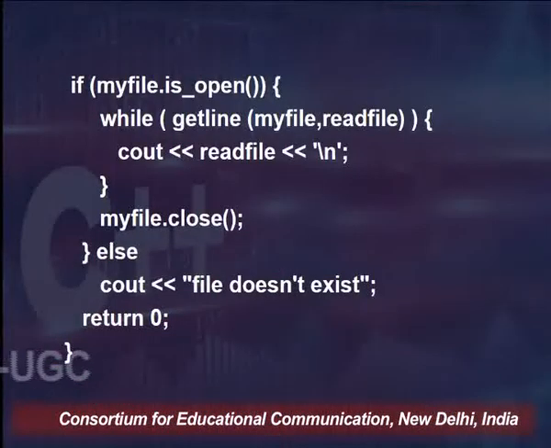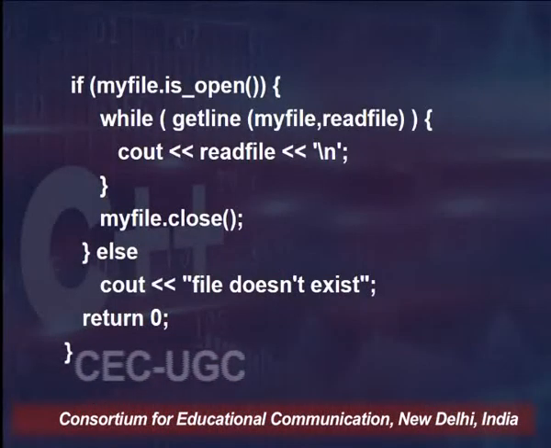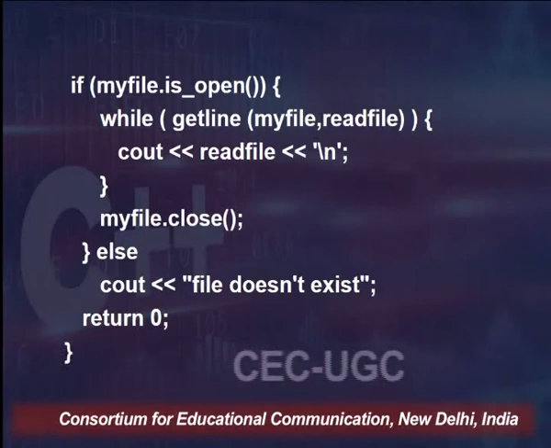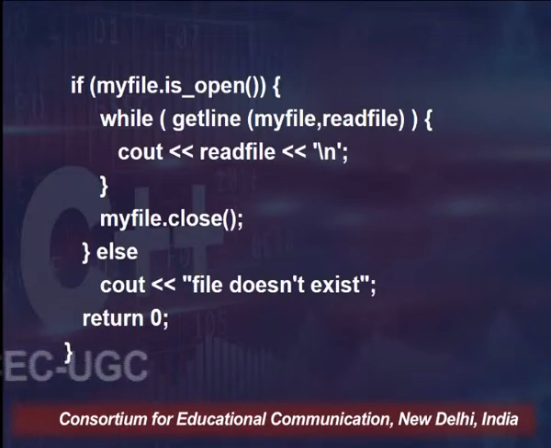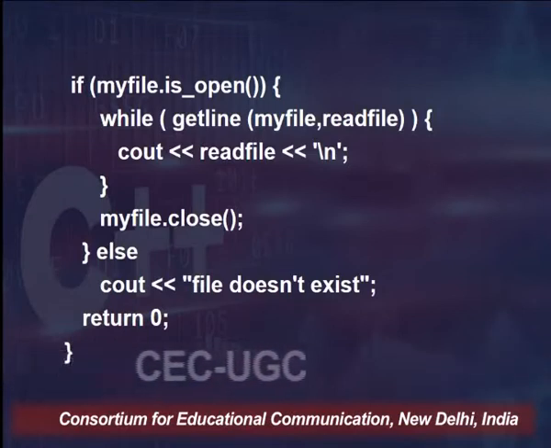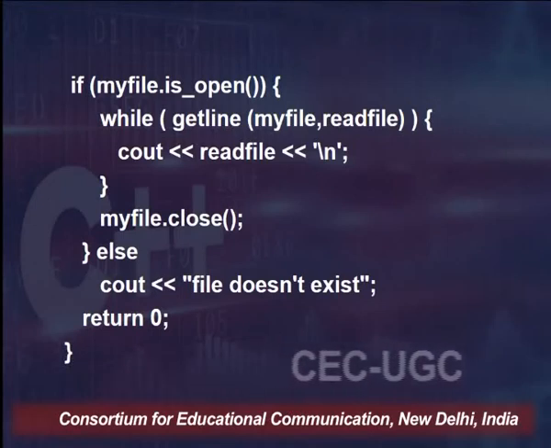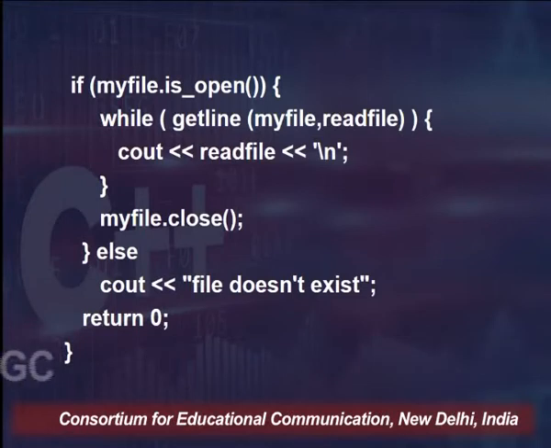And what is written inside the curly brackets is while getline(myfile, readfile), and that means we need to read the contents of the file associated with myfile in the form of a string.